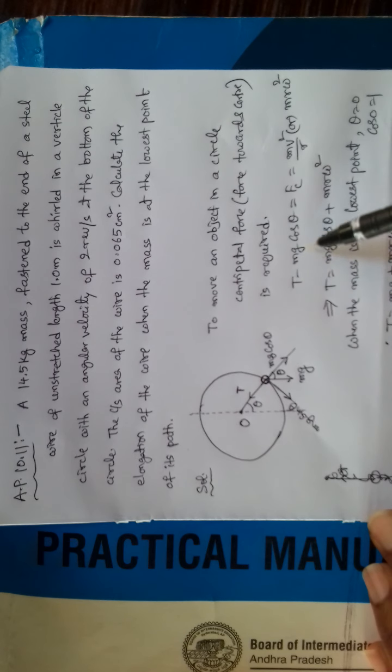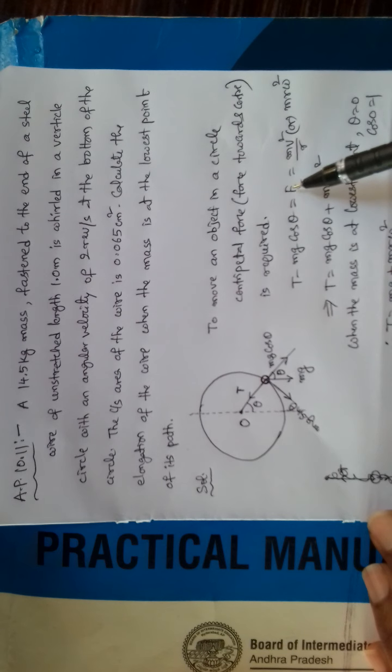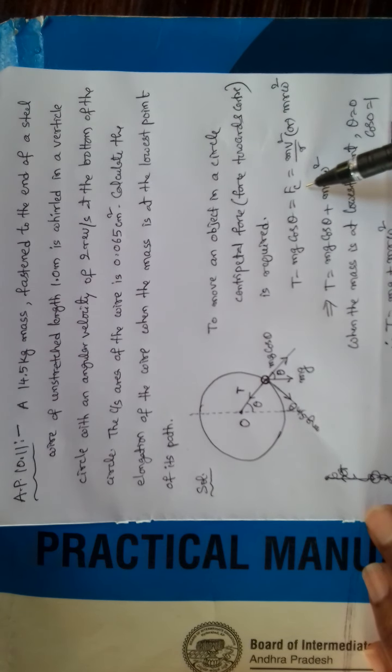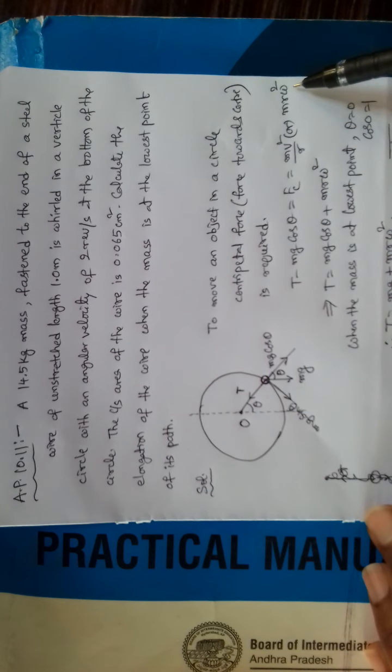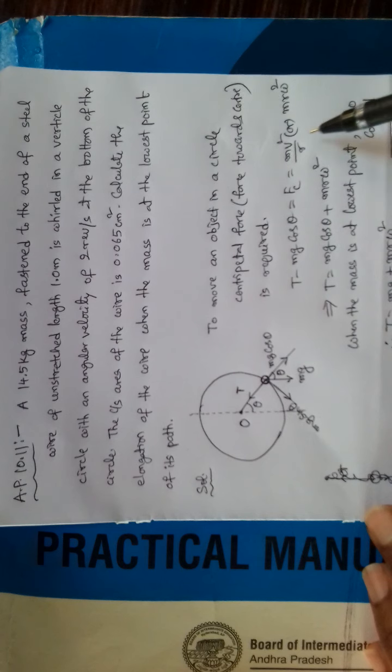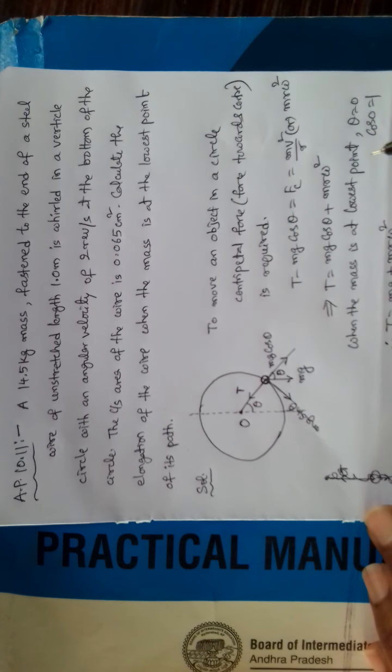Therefore, that is the centripetal force. And the formula for centripetal force is mv square by r or mr omega square, since v is equal to r omega, that you know. So now, taking mg cos theta to the right hand side, we get the expression for tension in the steel wire.